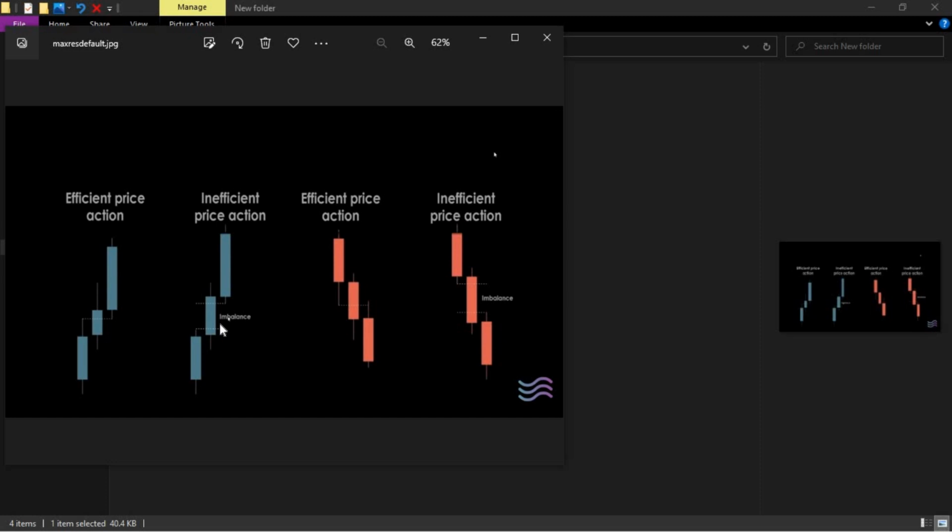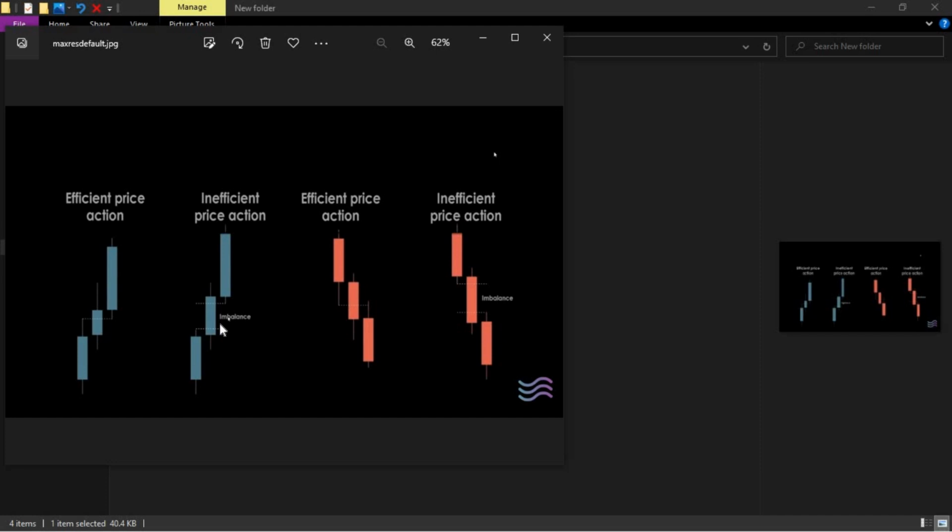The way ICT explained it is, take for example painters when they paint a house. Let's say they move very fast when they are rolling the brush on the wall, and then they have some holes that are created. They move too fast and created one hole that was not really perfect.